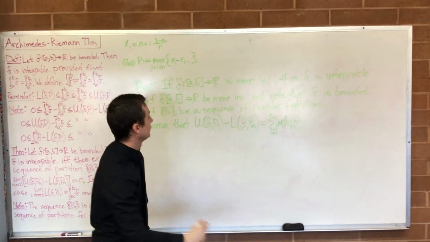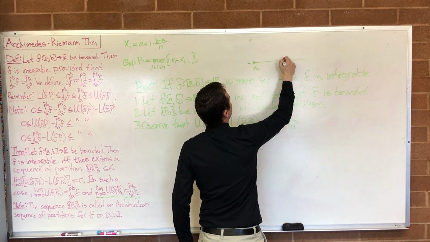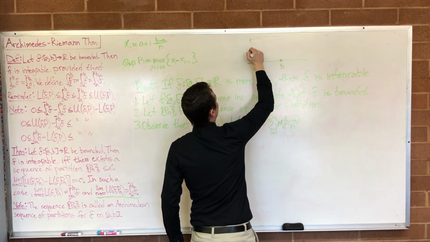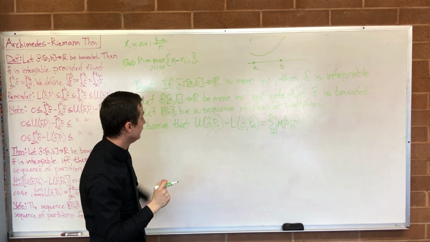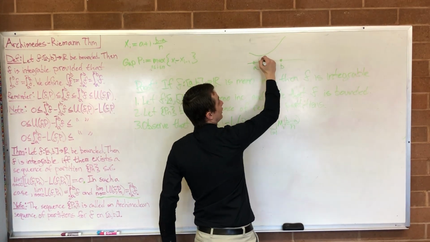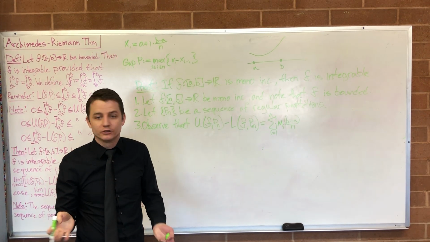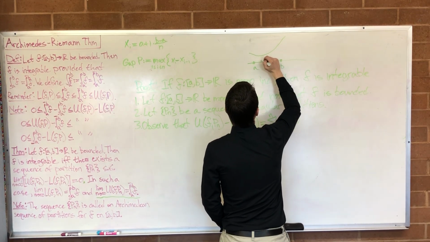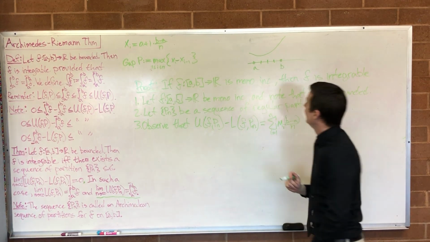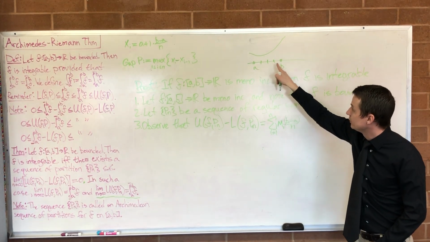Okay, let's draw a picture real quick. Here's a, here's b, and I've got some function like that. In this case, it's upper Darboux sums. So I create some partition. It's a regular partition, so I have to divide this into even pieces. Pick some n, it doesn't matter what your n is. Here's a case for n equal to 4, divided into 4 equal pieces.